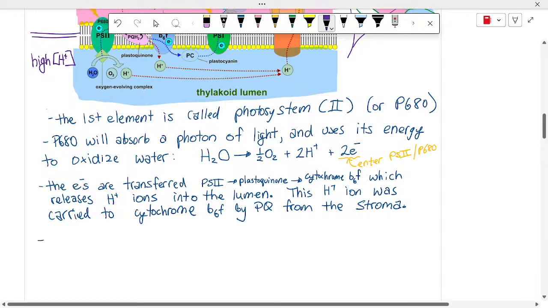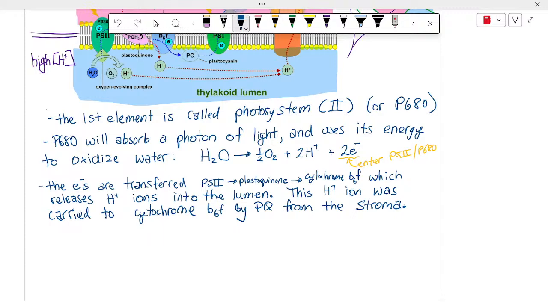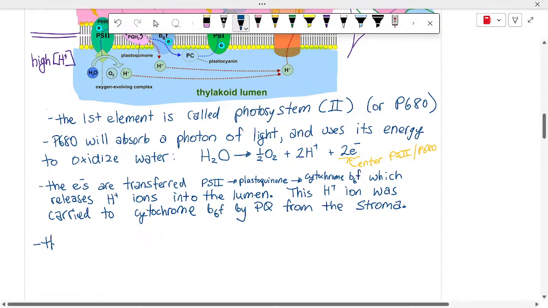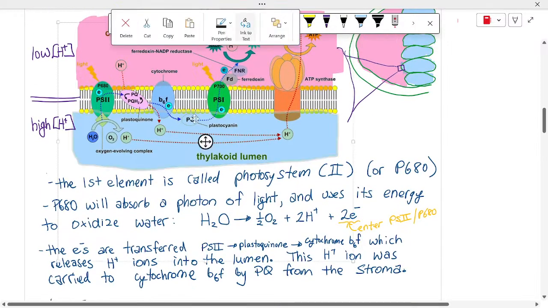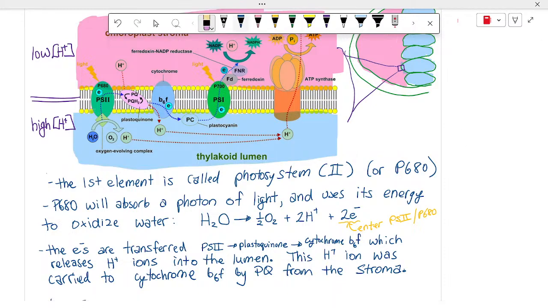So the electrons are passed on. The E negatives move from cytochrome B6F into this next molecule. Just like last time, remember, we had one that moved inside the membrane and one that moved on the surface of it. Once again here, this molecule, plastocyanin, moves along the surface of the membrane.